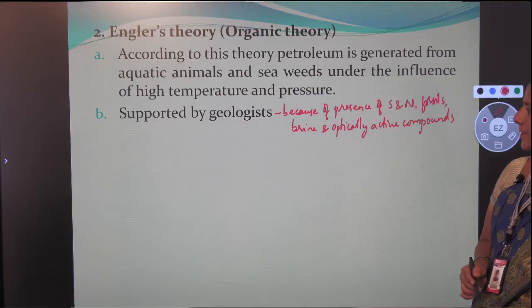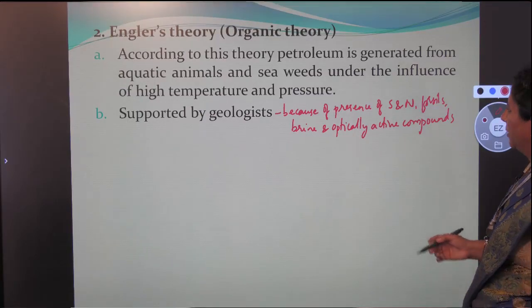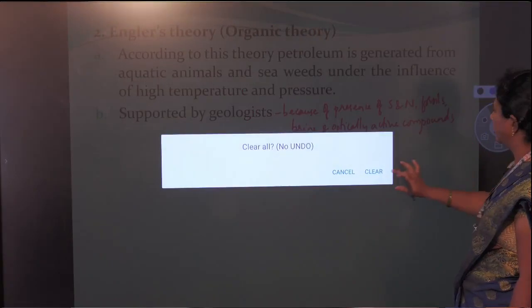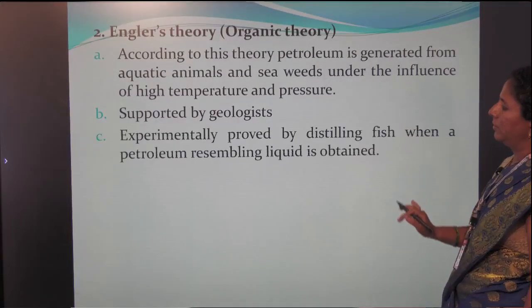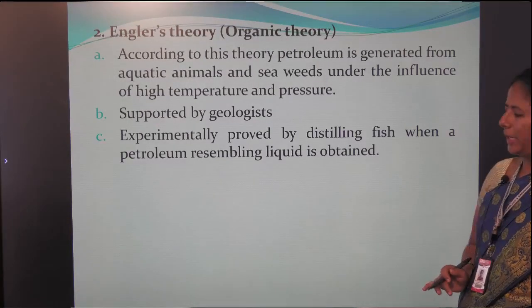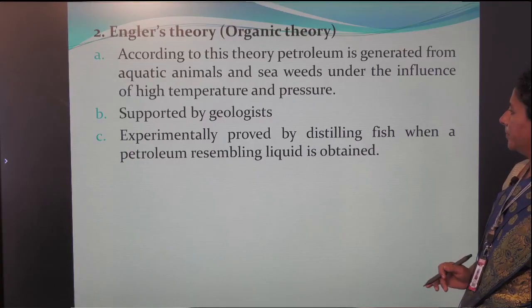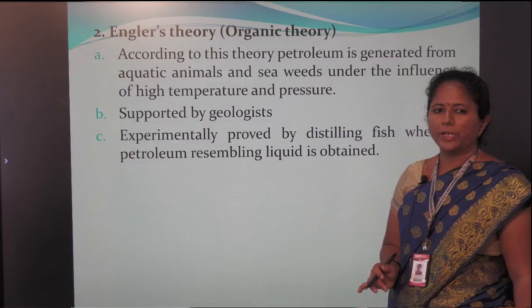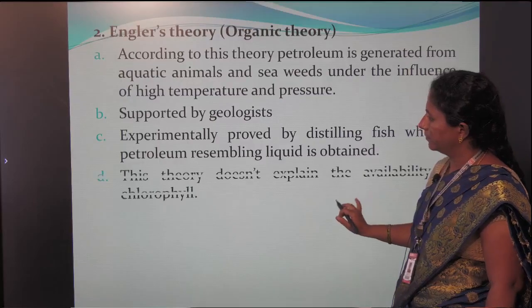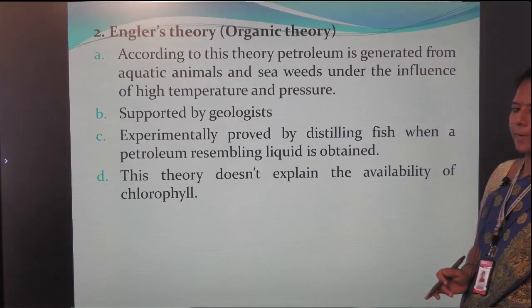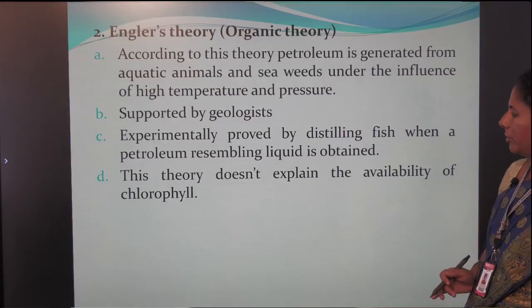All these were found to exist in the petroleum. So this was supported by the geologists. Experimentally proved by distilling of fish, when a petroleum resembling liquid is obtained. This theory does not explain the availability of chlorophyll.